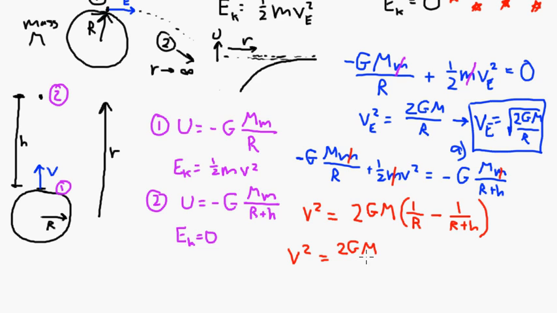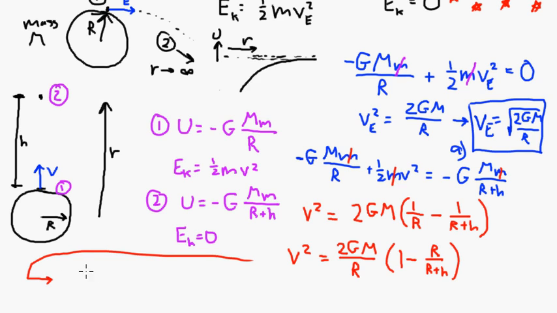Let's see, v squared equals 2GM over big R times 1 minus big R over big R plus h. This is getting worse, but let's bring this over and do v squared over 2GM over R. That's taking this whole thing and putting it under the v squared, equals 1 minus big R over big R plus h.